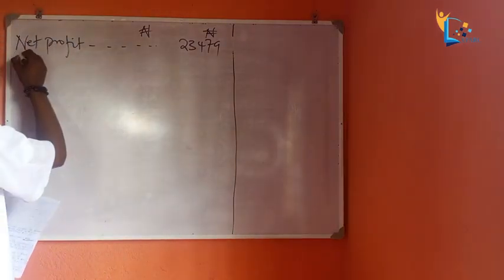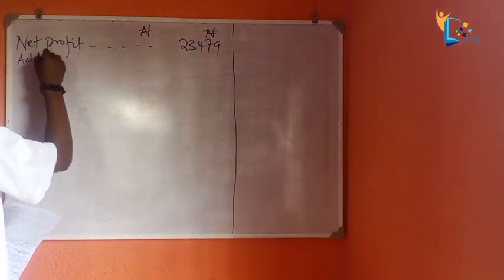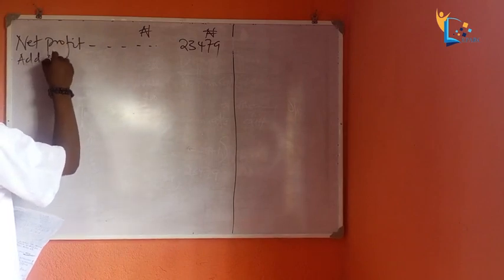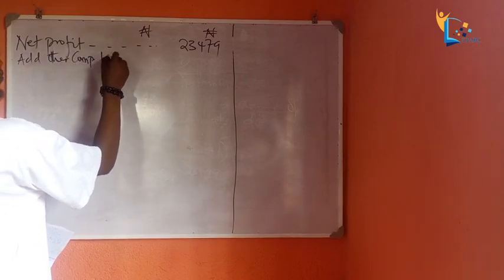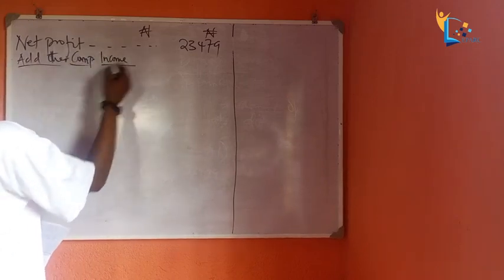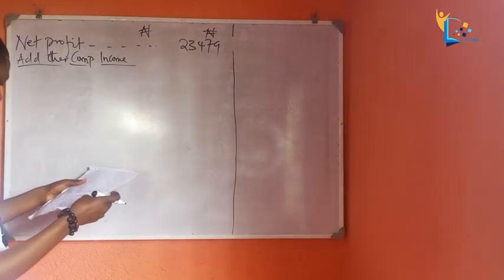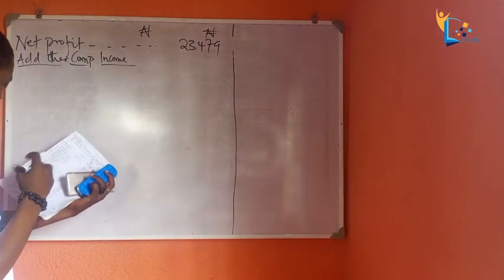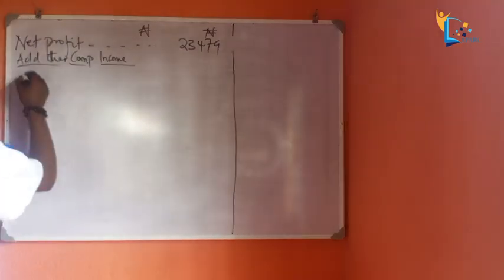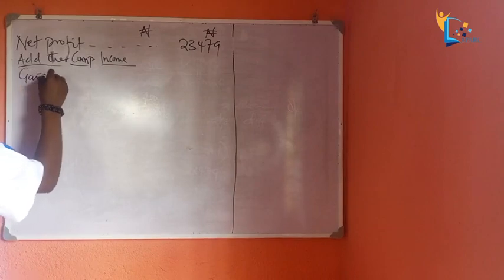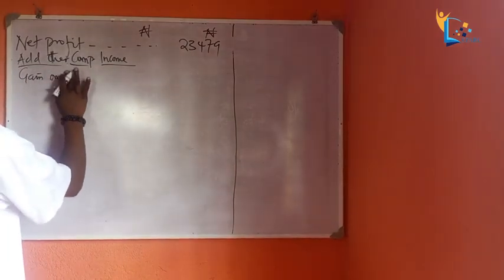So let's add other comprehensive income. We have freehold premises gain on revaluation.